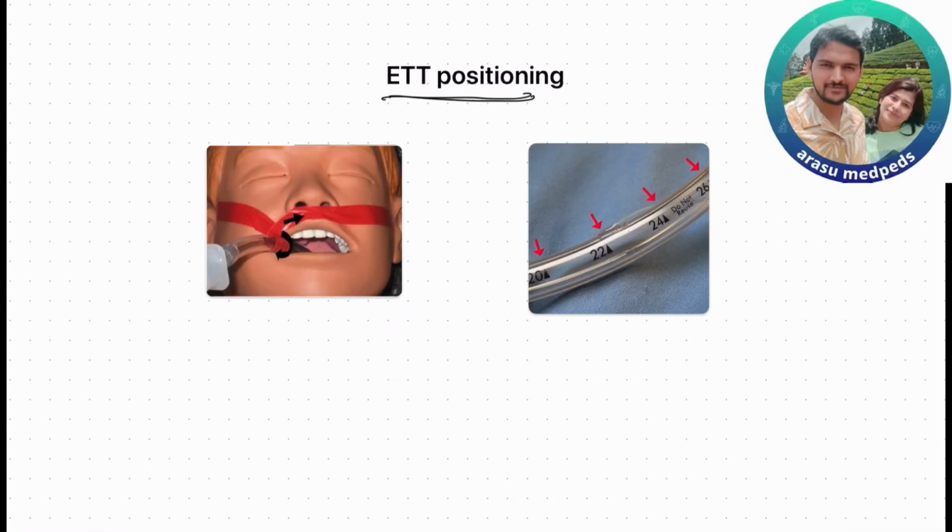A rough guide is at the level of teeth. At the level of teeth, we have to look for the markings. So a rough guide is that it should be marked as 18 to 21 centimeters if the patient is female, and for a male it should be 21 to 23 centimeters.